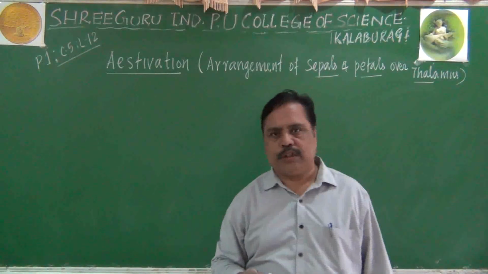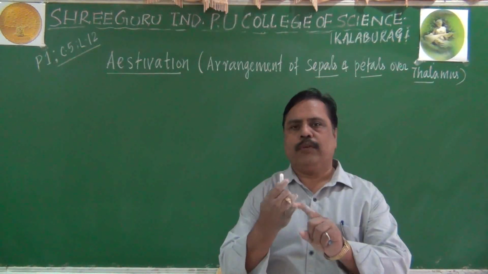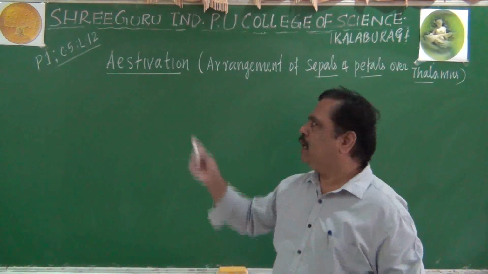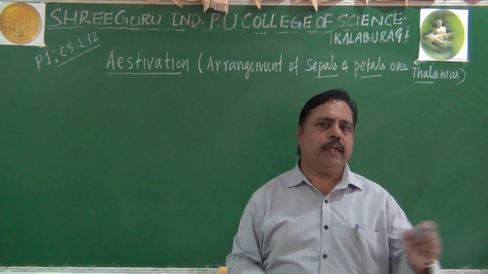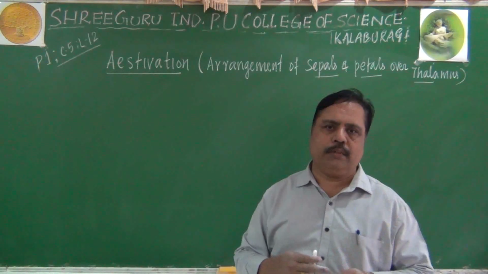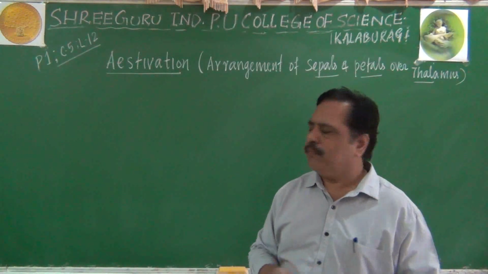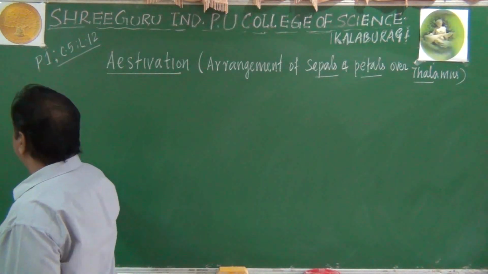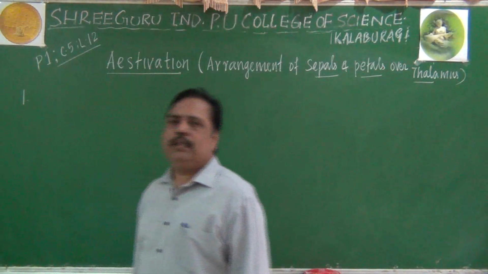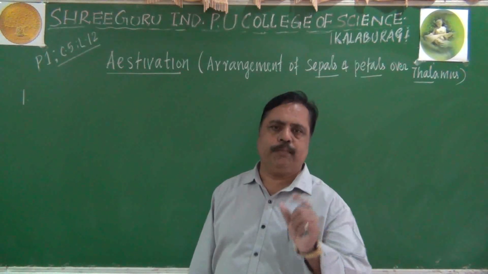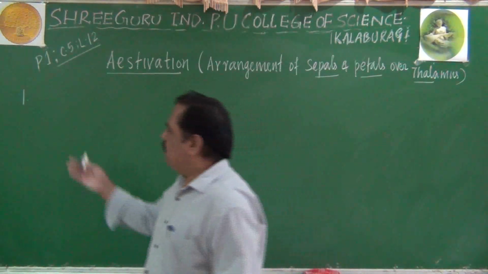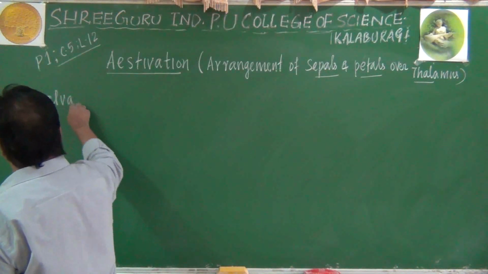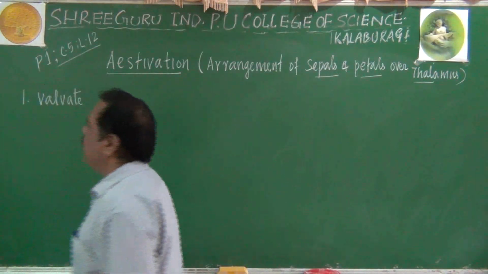Don't get confused between phyllotaxy, the position of ovary, and aestivation. In aestivation, remember that the sepals and petals can be arranged in 3 or 4 major types. The first type is known as valvate aestivation.